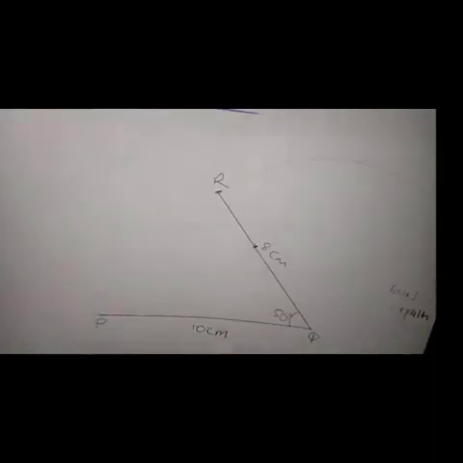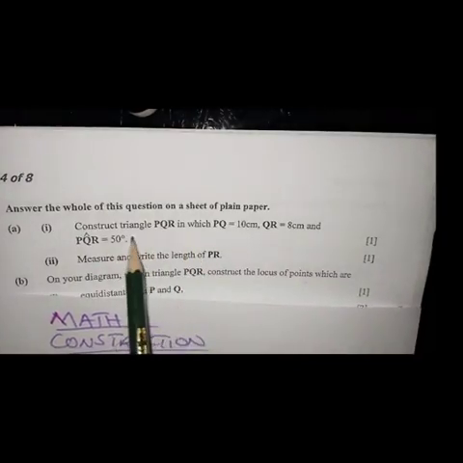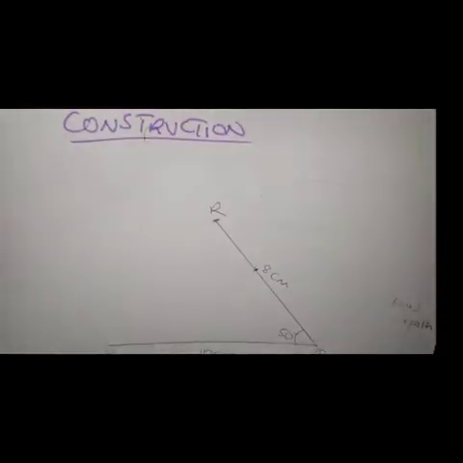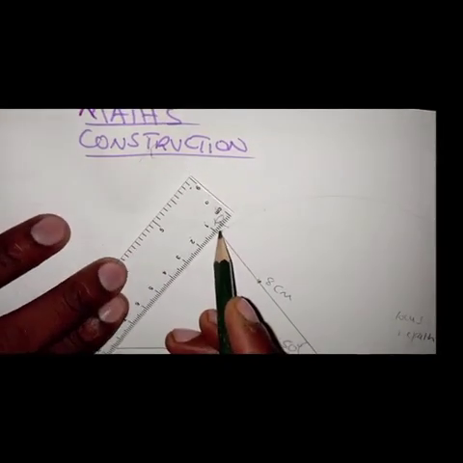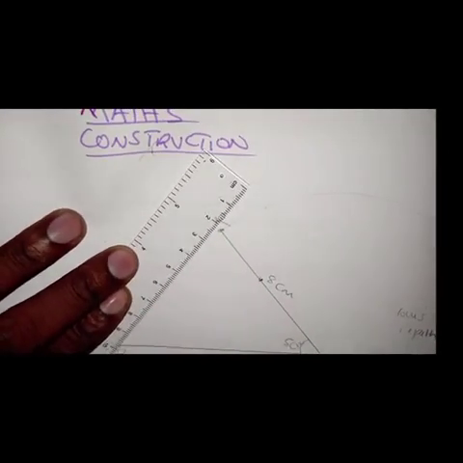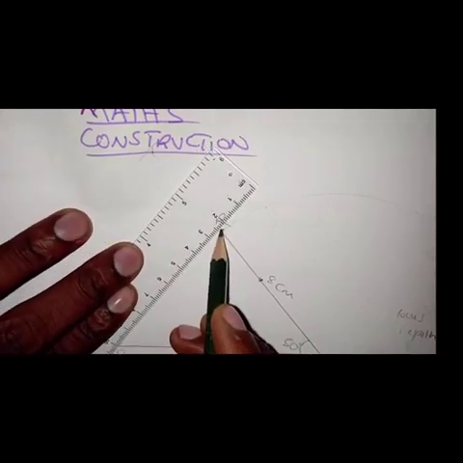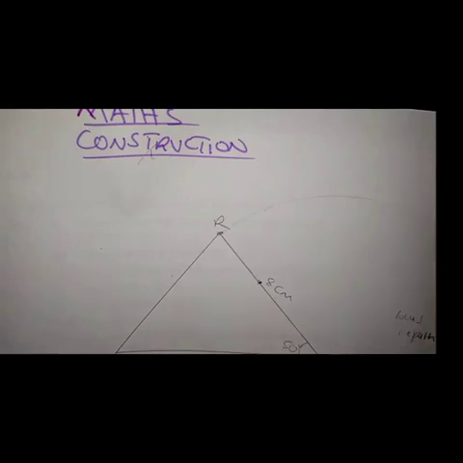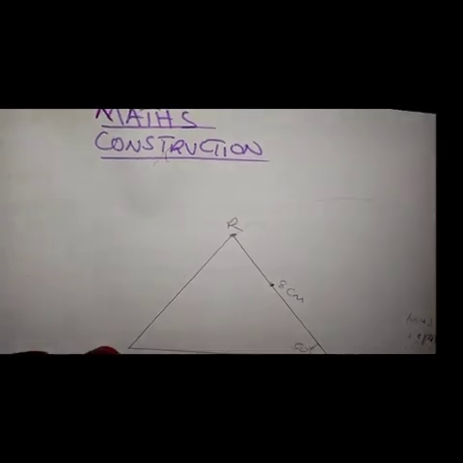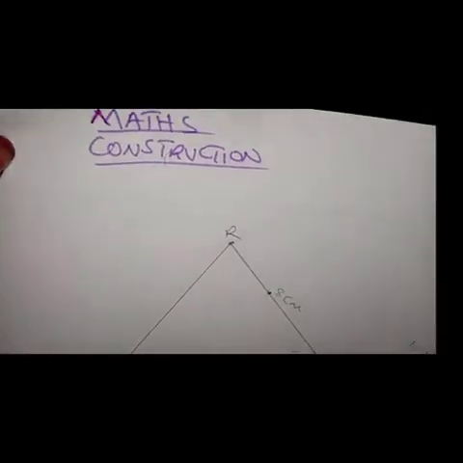See that? Now since the rules are normal on how to construct, we know a triangle, they have talked about a triangle, we just have to connect from here. Just connect like that. See that? Just have to connect like that.